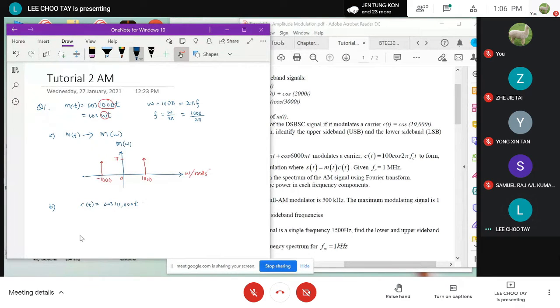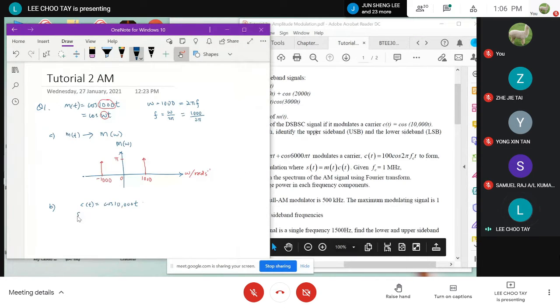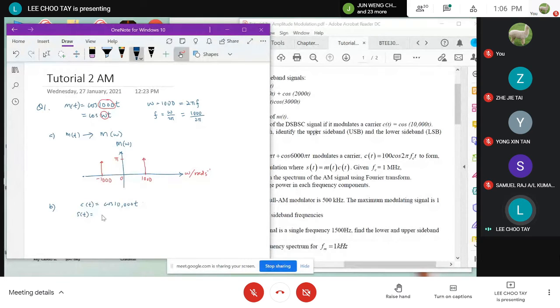The double sideband suppressed carrier signal S(t) equals C(t) times M(t). So you have cosine of 10,000 t multiplied with the cosine of 1,000 t.